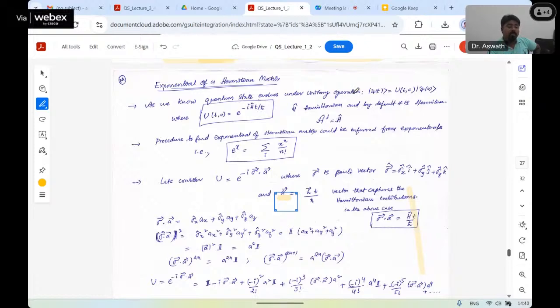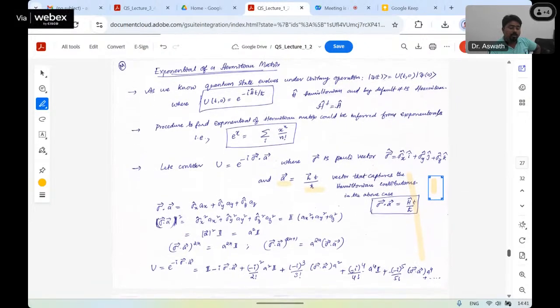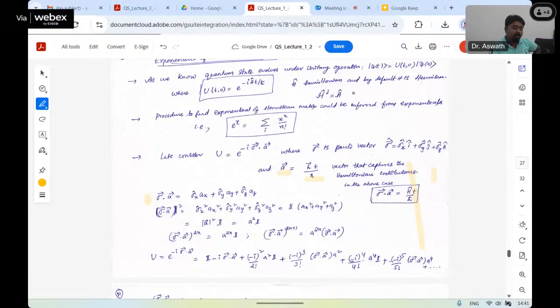That vector is written in terms of h bar times t, where h is the Planck's constant and h bar is another scaled version of energy. Now simply find out what sigma dot a is for a given a vector.